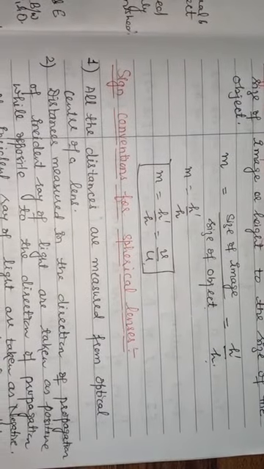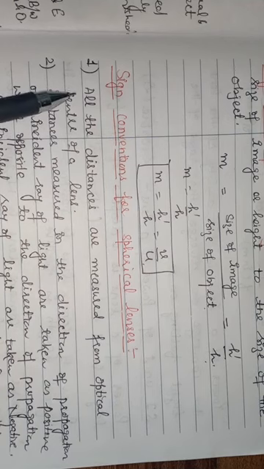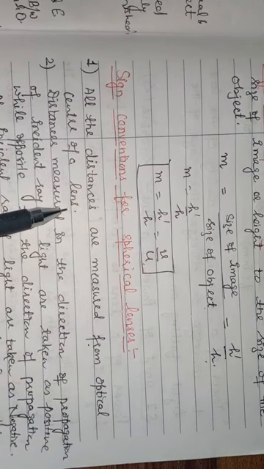Now we have sign conventions for spherical lenses. These sign conventions are similar to those for spherical mirrors. First, all the distances are measured from the optical center of a lens. Earlier in mirrors we measured it from the pole of the mirror.